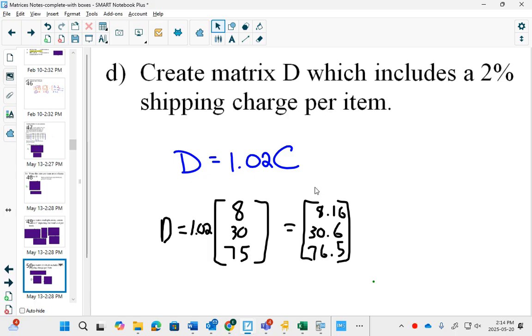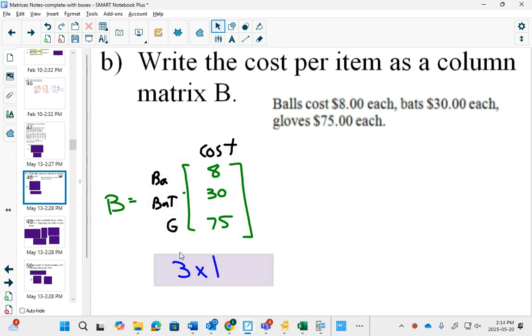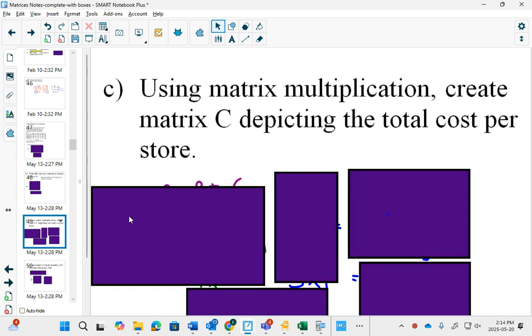Oh, this is per item. Yeah, sorry, I did the total cost with the shipping charge. Can you stay on part B a little bit longer? Oh, no, I meant part C, sorry.